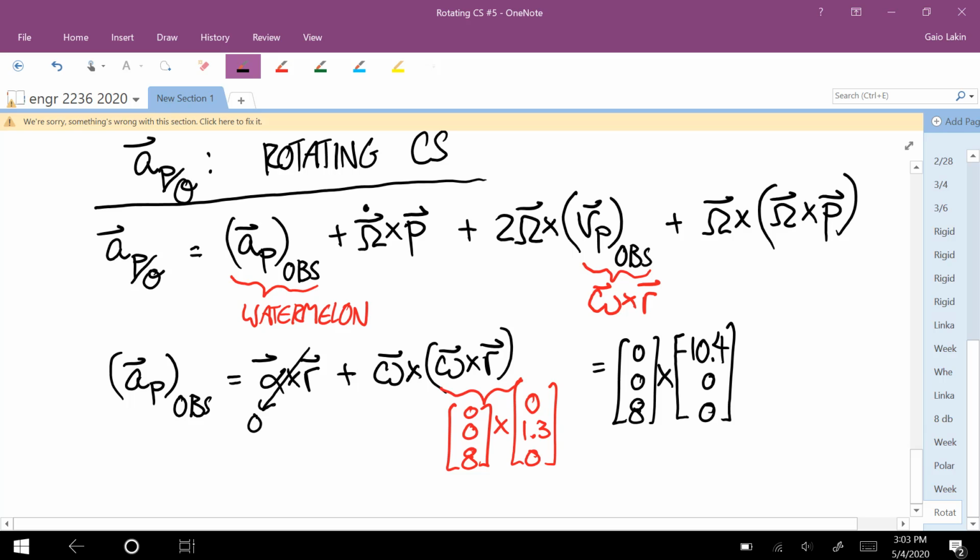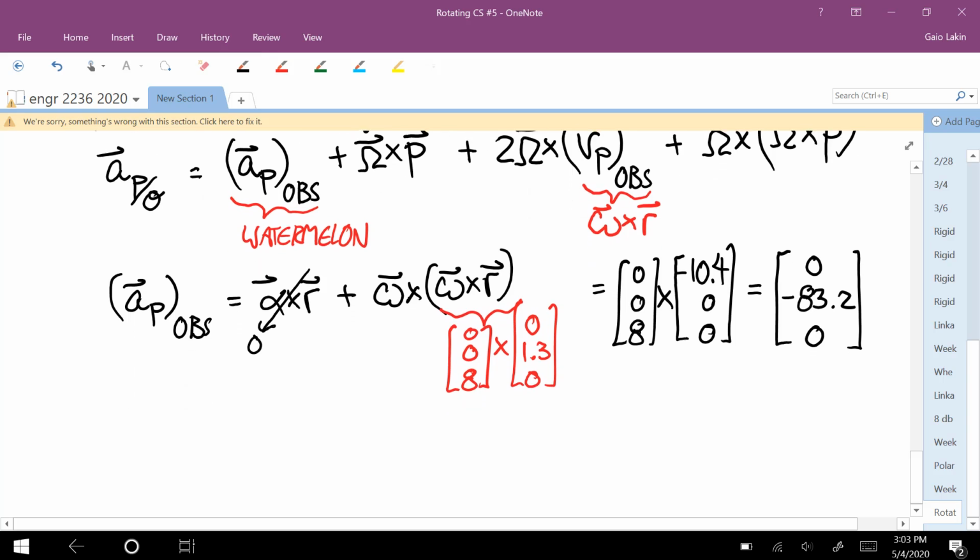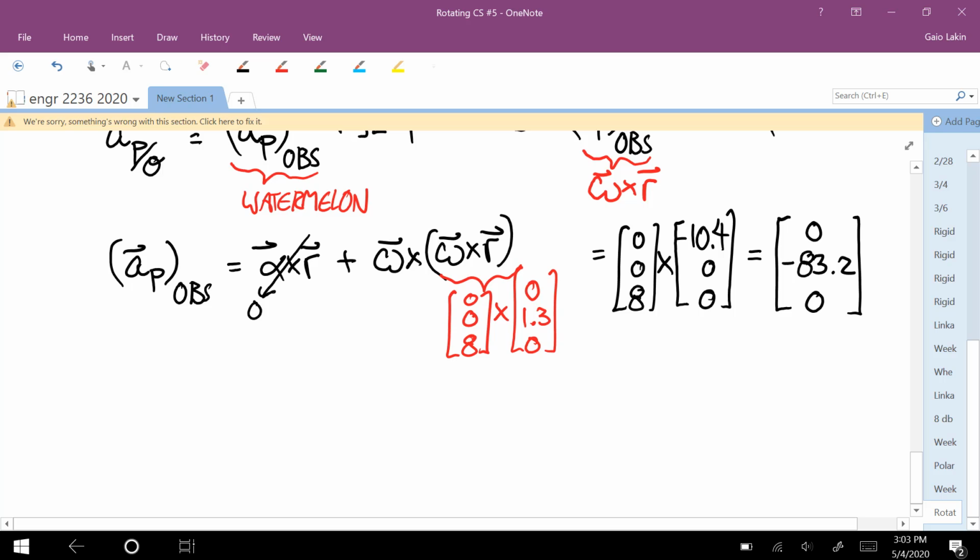And cross those, and you get (0, 0, -83.2). Now let's calculate the observed velocity.